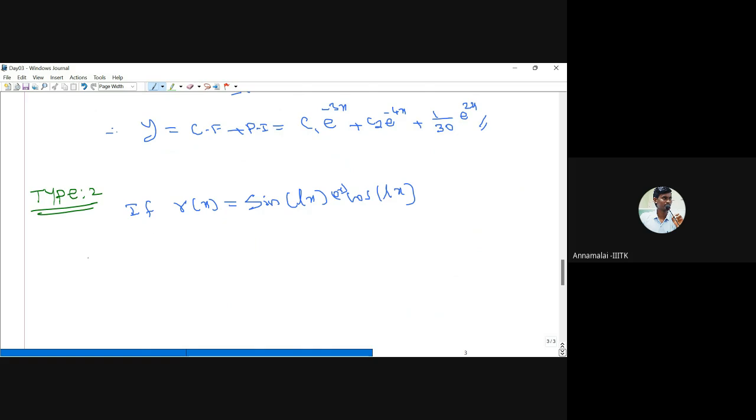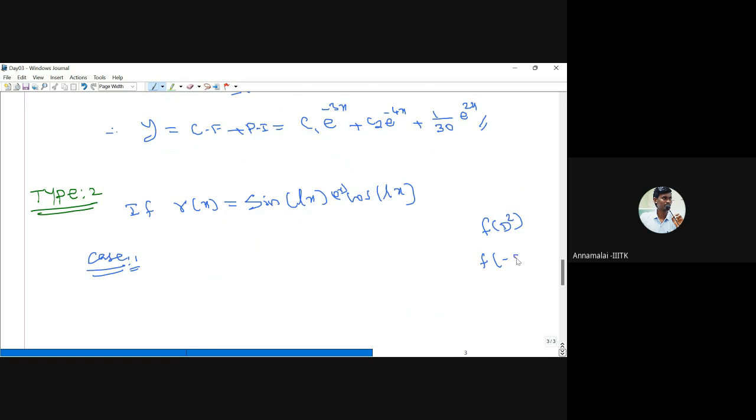Again, case 1. You have to replace d square by minus a square. The given function can be viewed as a function of d square, that is f of d square.